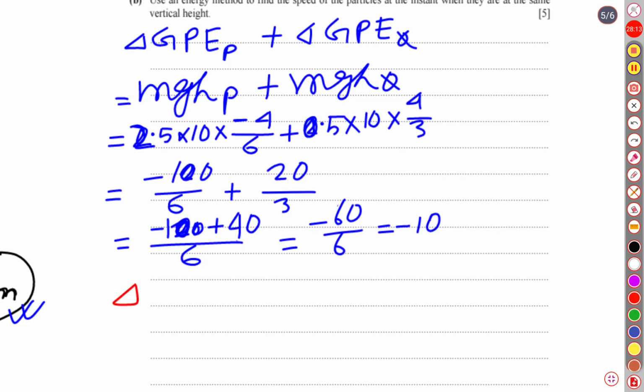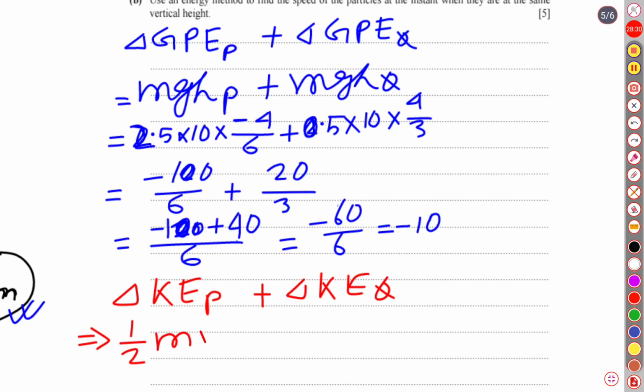These are the components of the work energy equation: change in KE of P plus change in KE of Q. The formula is half of m times the difference between the final and initial velocity squared, for P and for Q. So let us see what the final velocity was.